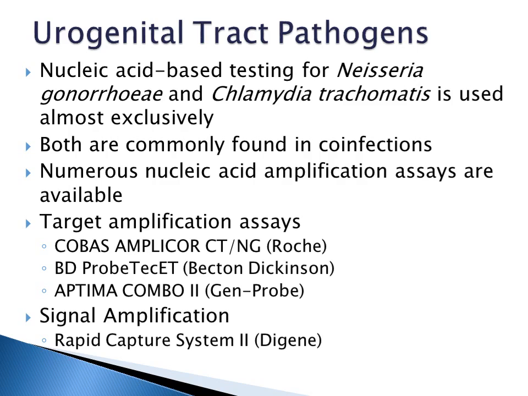There are numerous nucleic acid amplification assays that are currently available. There are target amplification assays, and these are the Cobas Amplicor, the BD ProbeTec ET, and Aptima Combo 2, and signal amplification assays, and that is the Hybrid Capture system by Digene.